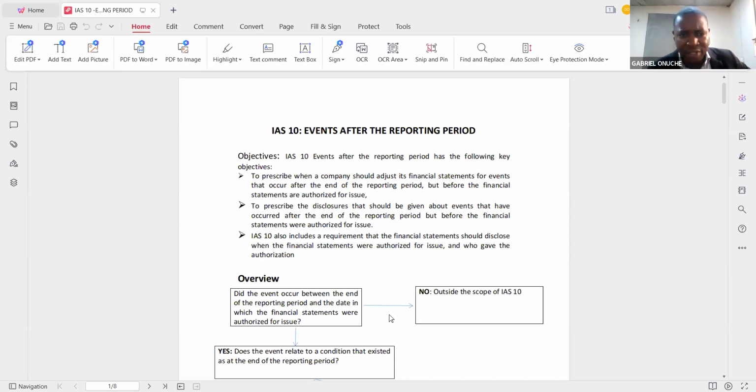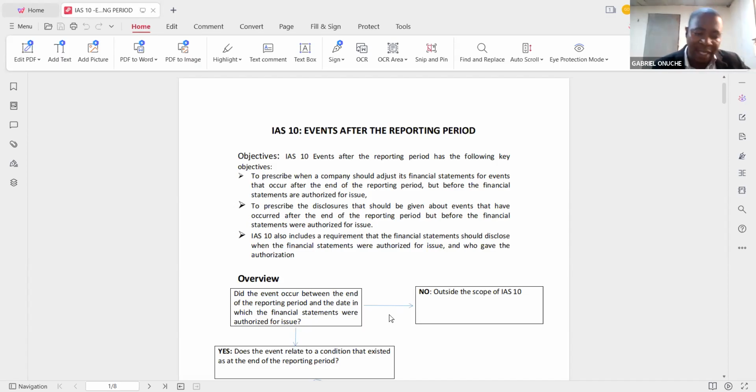Another key thing the standard covers is the disclosure requirements that are expected for events that have also occurred after the reporting period and before the financial statement is authorized for issue.